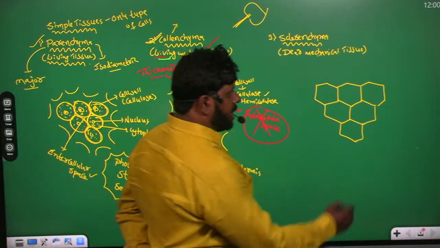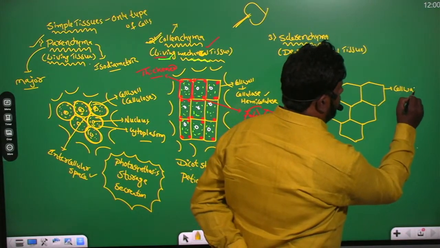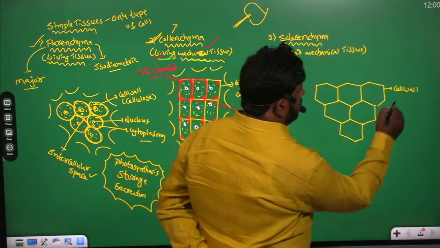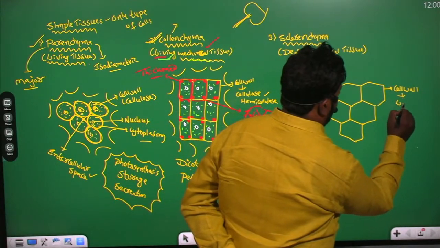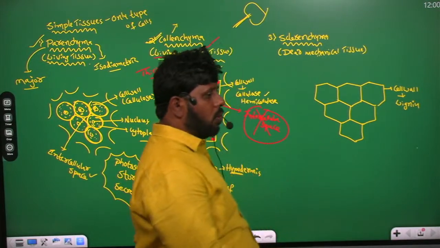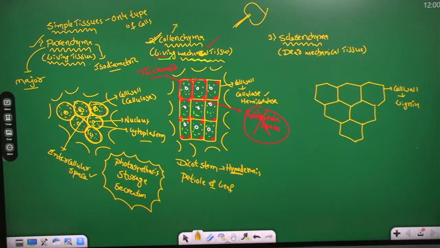Every sclerenchyma cell is surrounded by a cell wall. This cell wall is made up of lignin. The cell wall of sclerenchyma is made up of lignin.